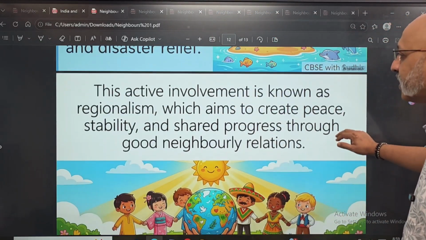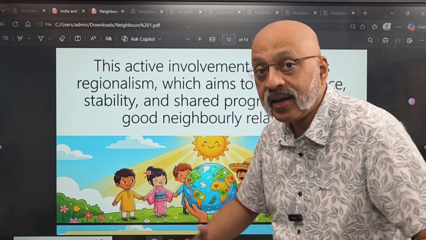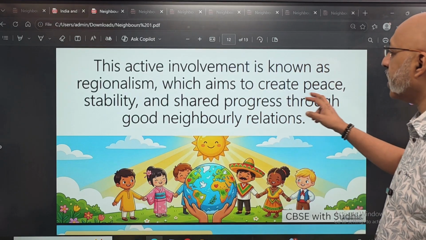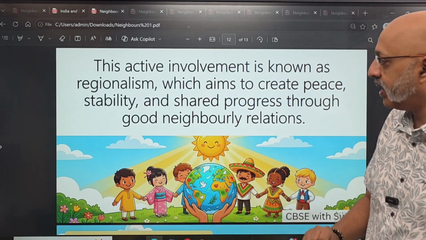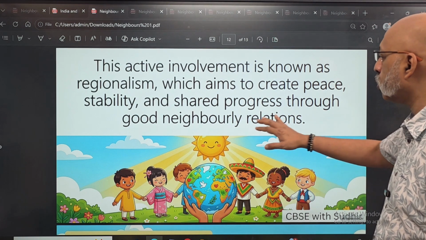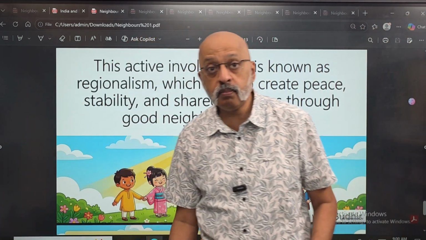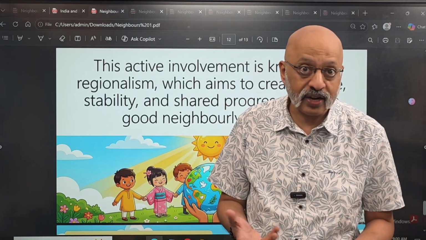Now, this active involvement is known as regionalism. That is, you are indulging in regional cooperation, which aims to create peace, stability, that is, everybody should be reasonably happy, and share progress through good neighborly relations, so that if your neighbor has any problem, you rush to the help of the neighbor because you are the closest. That's what happens, right?